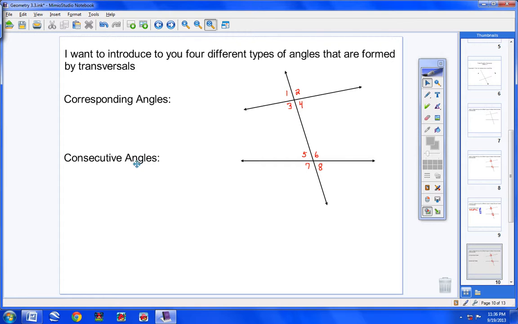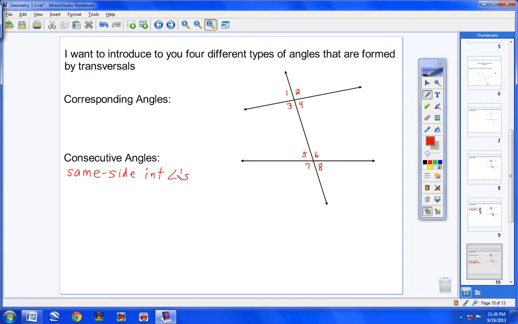Consecutive angles. Now usually, I'm going to tell you what the book calls it. I don't like this. I've never heard of one textbook calling these angles this name, but this is what the book calls these angles. I've got to tell you this because in some of their answer keys in the back of the book they might have this. They call consecutive angles same side interior angles.